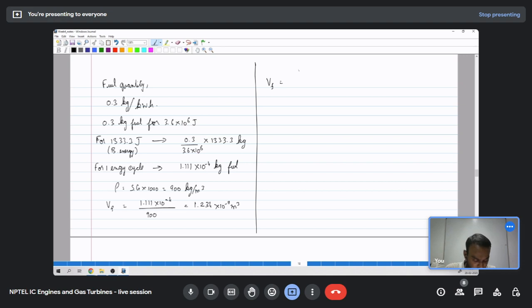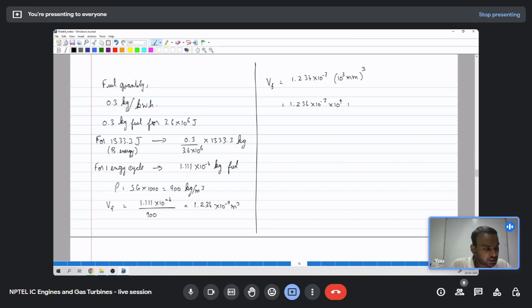So we have 1.234 into 10 power minus 7 meter cube. 1 meter I can write as 10 power 3 mm, and then it becomes 1.234 into 10 power minus 7 into 10 power 9.